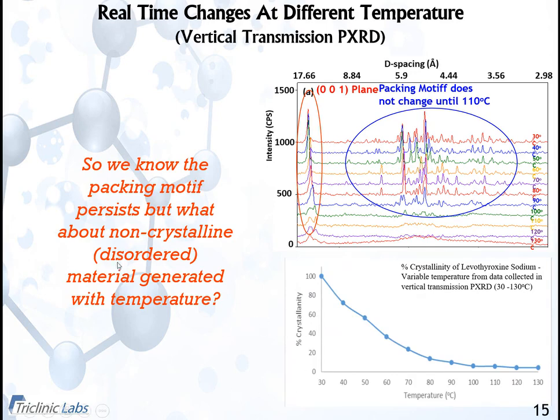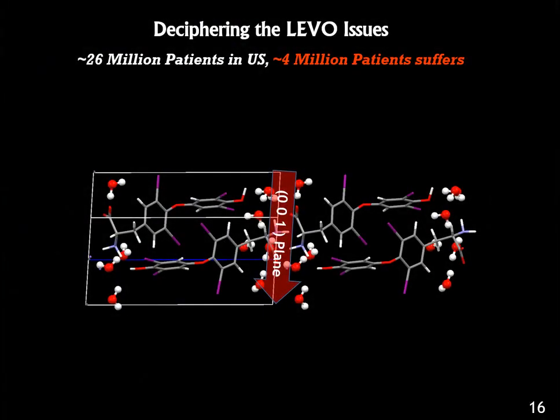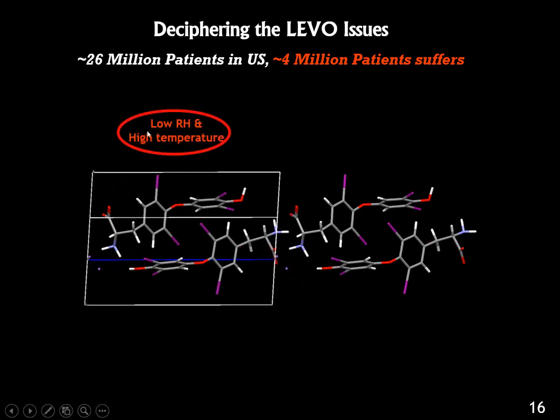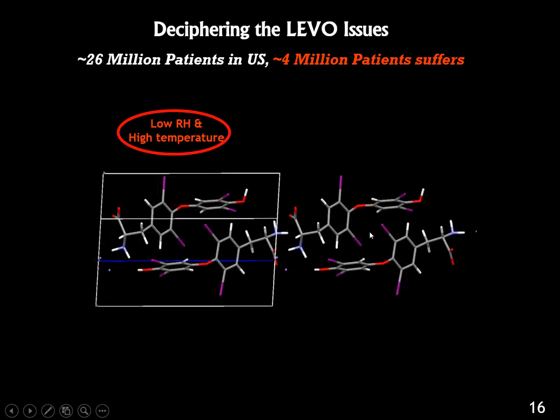Also, as we say here, there is some disorder that occurs. You can see it here, but you can also see the fall off here. All of that gives rise to the idea that if you were to look at this structure schematically, and we did this schematically first before we actually had collected data, this was the original hypothesis: if you were to subject it to low RH or high temperature, you would contract the lattice, and hence the change in the d-spacing and the peak at the 2 theta value that we were monitoring.